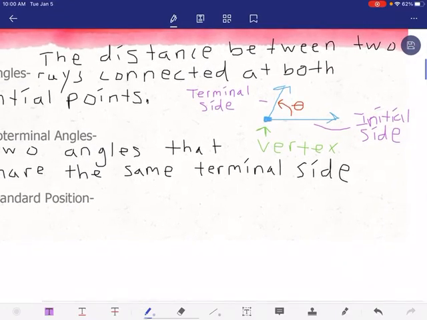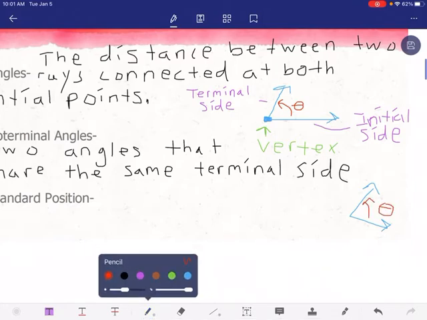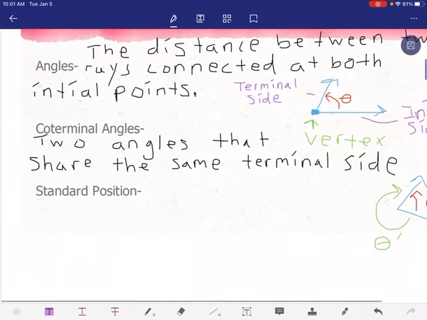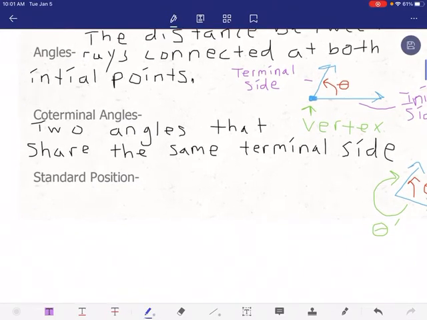So one example of this would be if we have an angle and our first angle goes that direction, so the higher ray is going to be our terminal side. Then if we were to go the opposite direction, that would give us a coterminal angle. I'm using thetas here to represent my angles because usually we're going to use Greek letters to represent any of our angles.